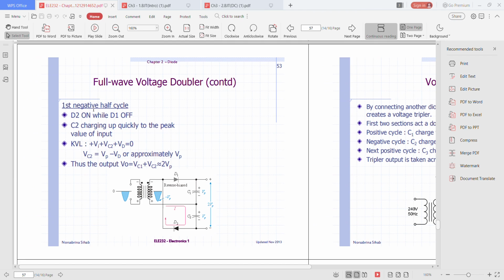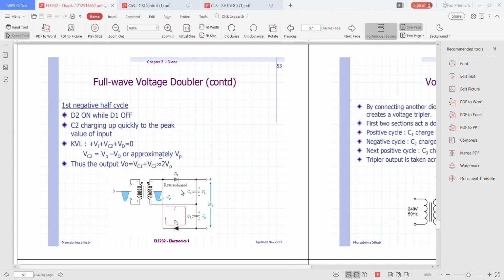So for the negative half cycle, D2 will be on while D1 will be off. Okay, look at the polarity for the input terminal here. When the current flows in this direction, you can see that D1 will be reverse bias and D2 will be forward bias.